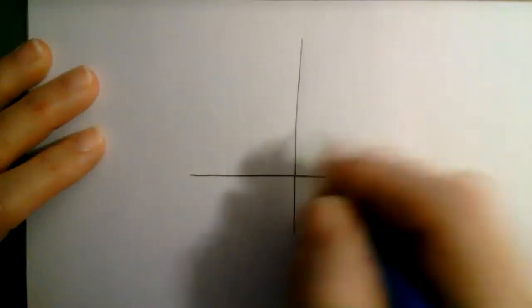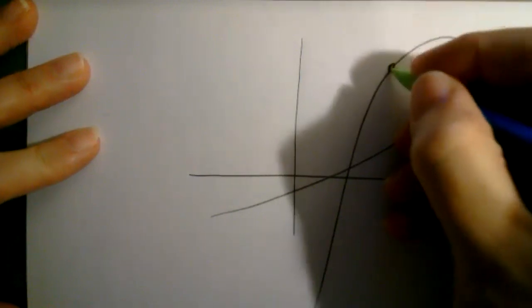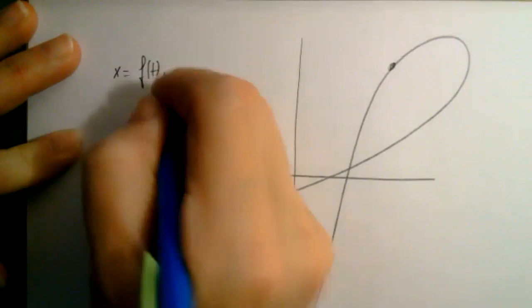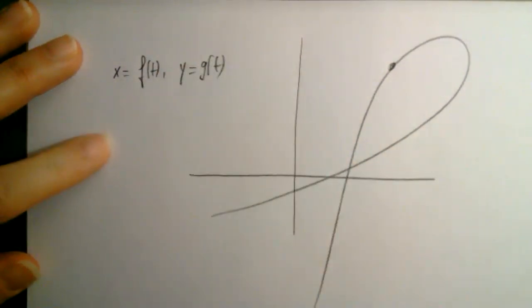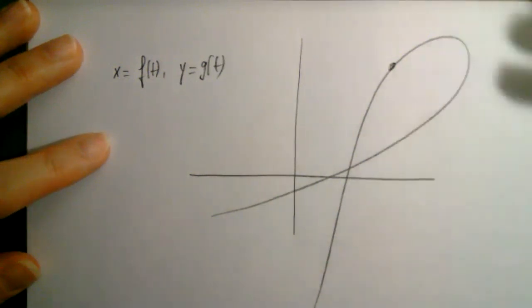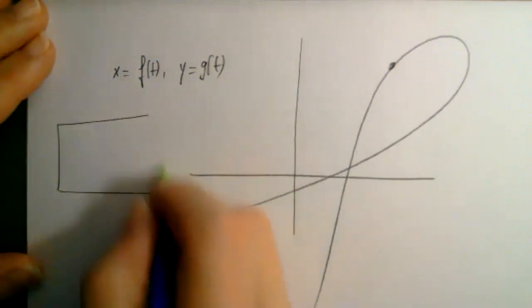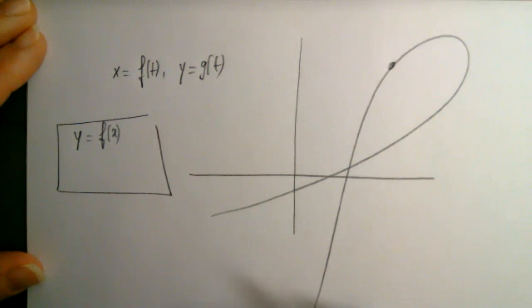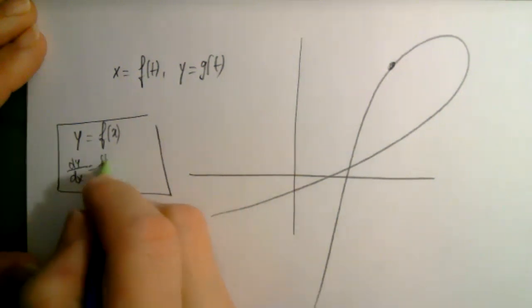So suppose now I have this curve. I don't know how it looks, something like that. That's my curve. And the x and y are given by formulas. So x is given as a function of time, and y is given as a function of time. Usually, if y is given as a function of x, and I tell you to find the slope dy/dx, we compute the derivative.